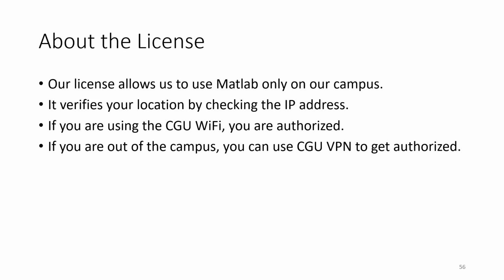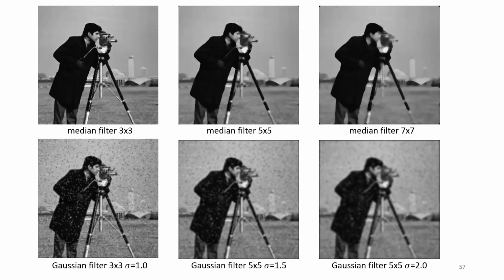All right, so let's take a look at the difference of median filter and Gaussian filter. So for median filter, there is a parameter. It is how large a neighboring window you want to use to calculate the median value.